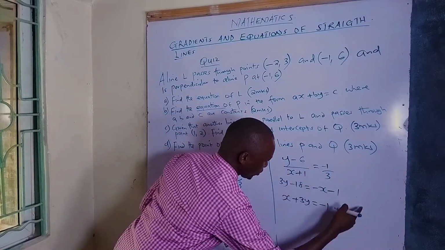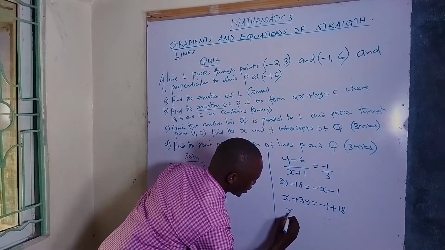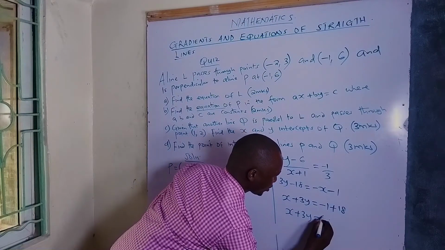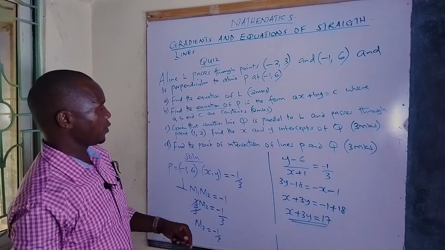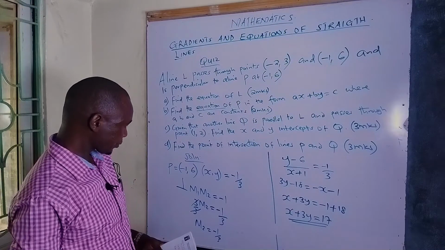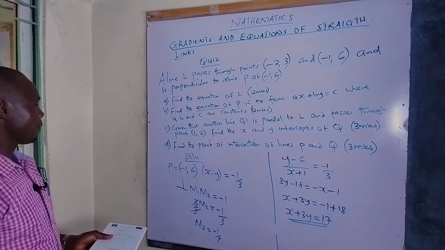We take 18 negative, it is going to be a positive, and the answer is going to be x plus 3y is equals to 17, and that is the equation of line P in the form of ax plus by is equals to c. That is the solution for part B.